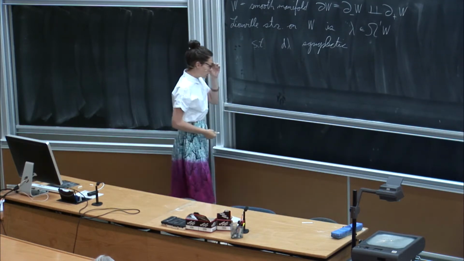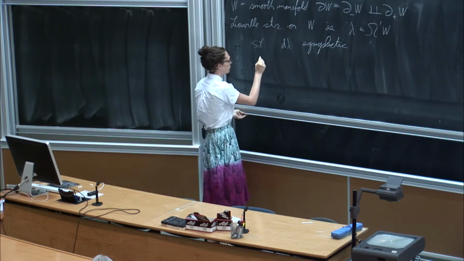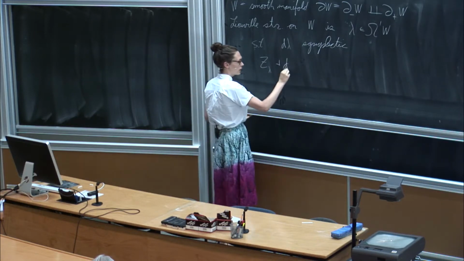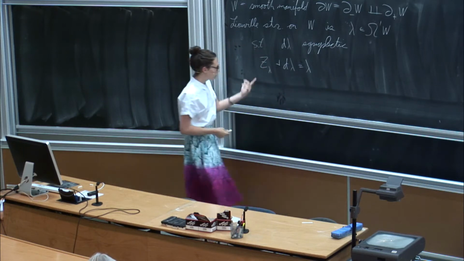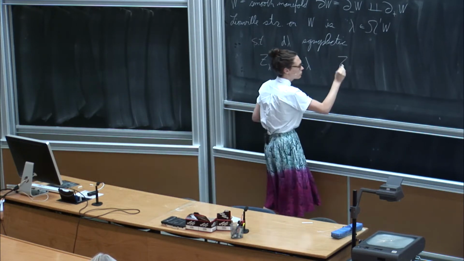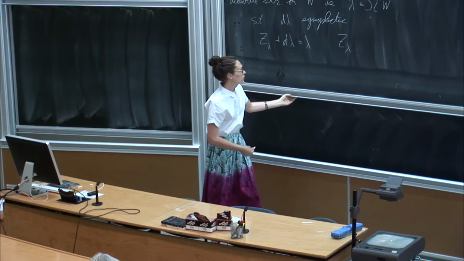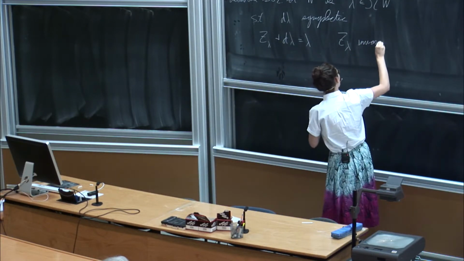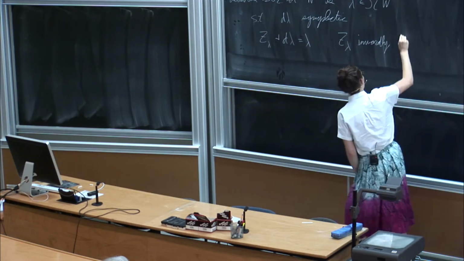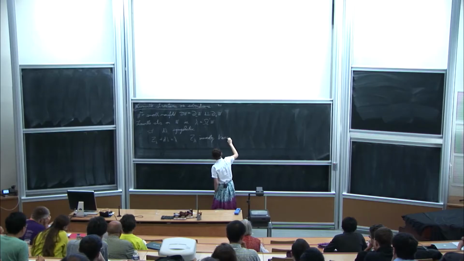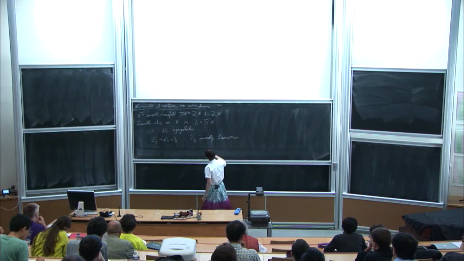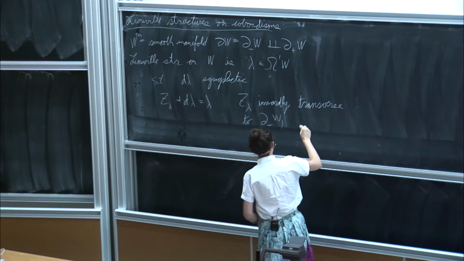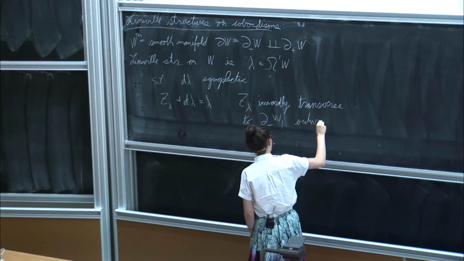And secondly, I want this vector field Z lambda, which is defined as being the omega dual to the primitive, I want this Liouville vector field to be inwardly transverse to the negative boundary, and outwardly transverse at the positive boundary.